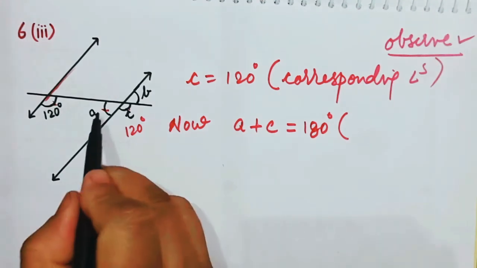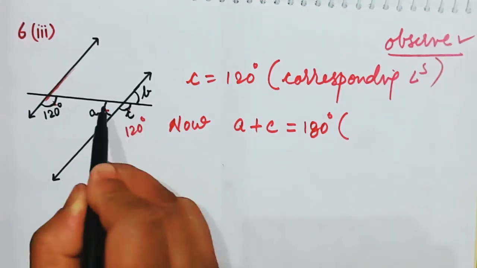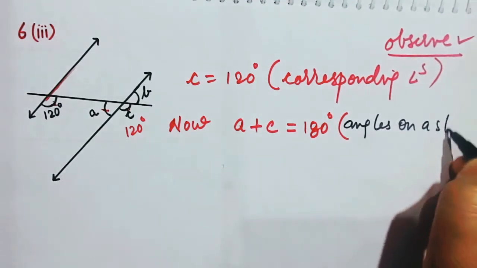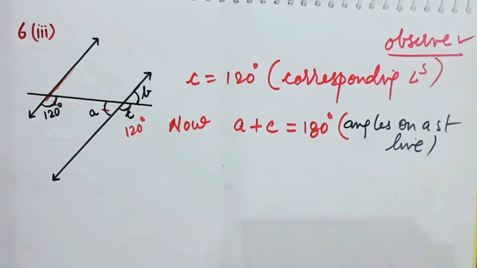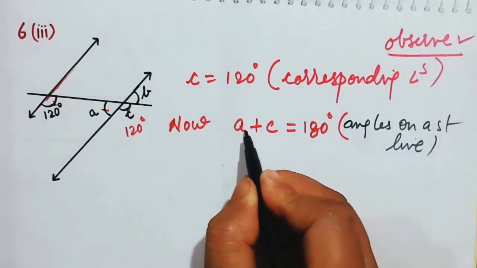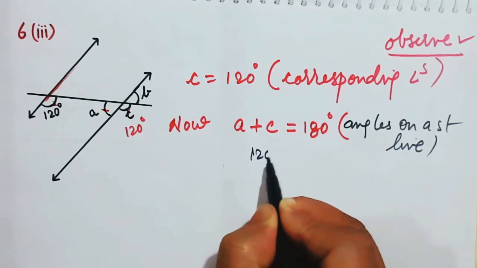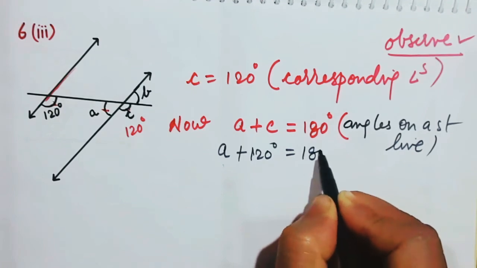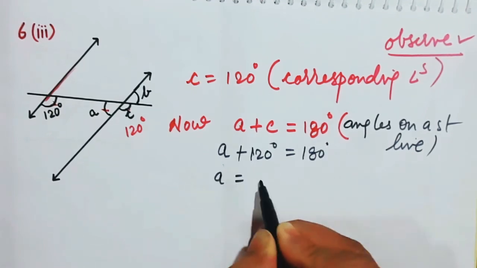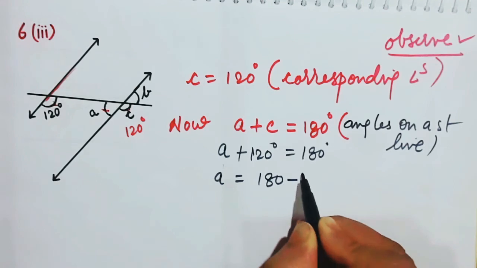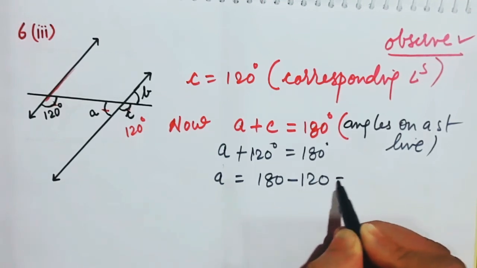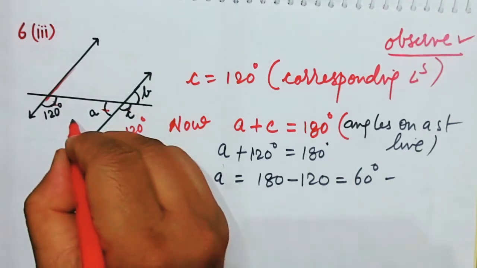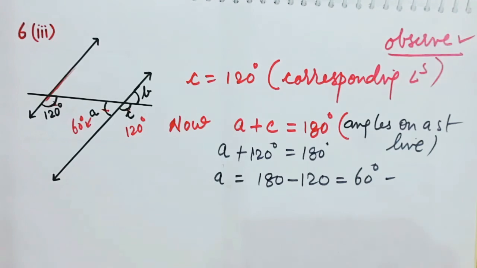Because these two are angles on a straight line. Very good. Therefore, if we know that the value of C is equal to 120 degrees, we can easily find out the value of A. So the value of A will be equal to 180 minus 120, which is 60 degrees. So I found out A is also equal to 60 degrees.